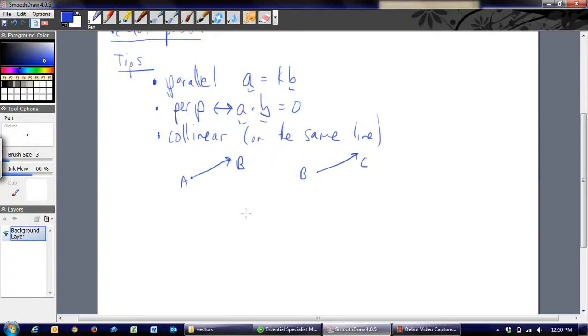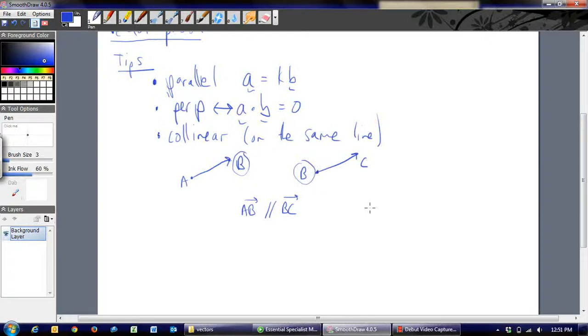If you can show that AB is parallel to BC, what does this mean? If you've got these two vectors, that means they're in the same direction. Now, because the point B is in common here, these are the same point.